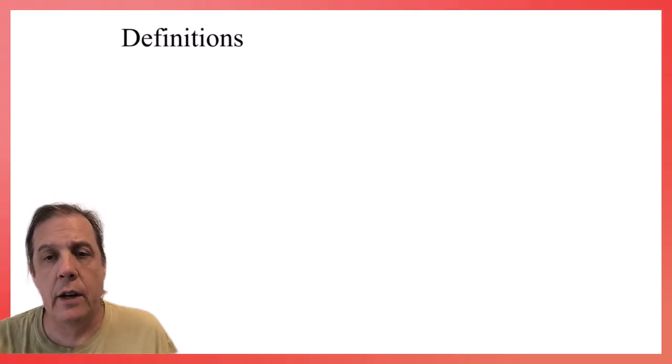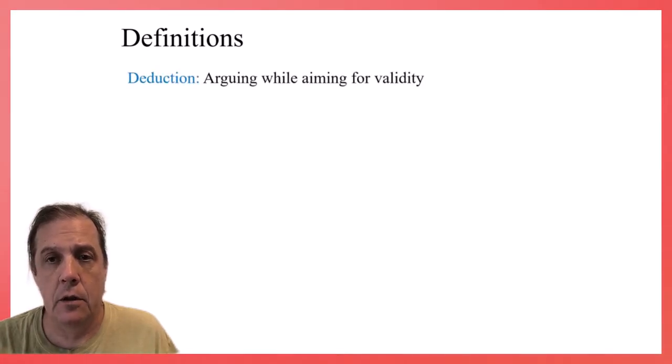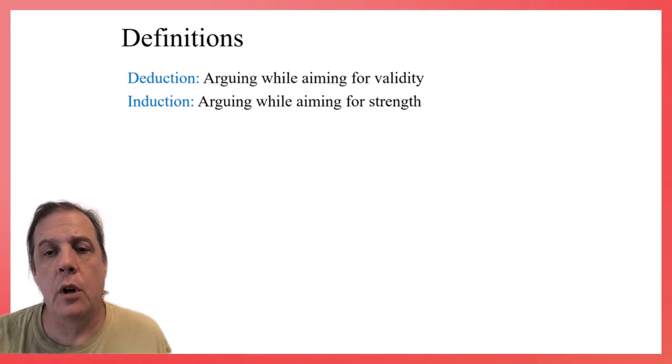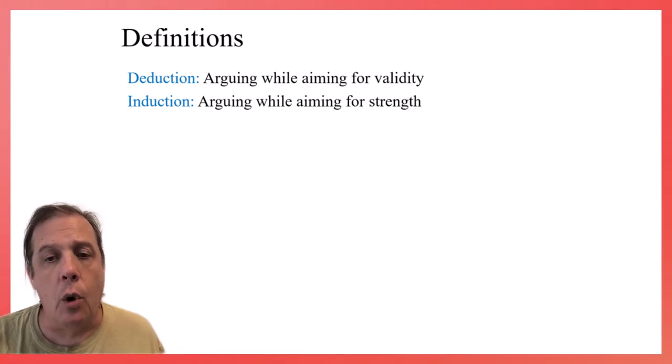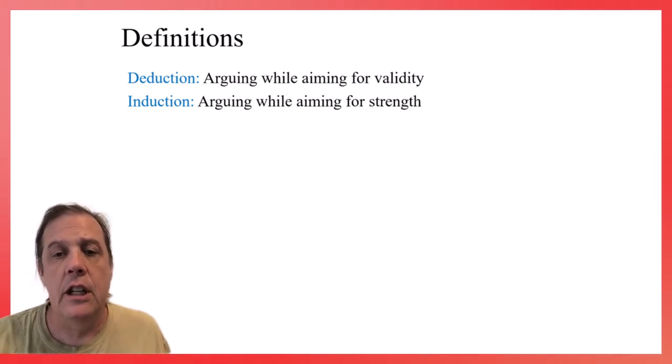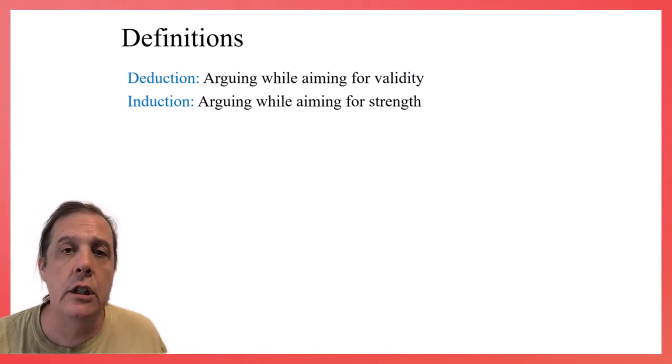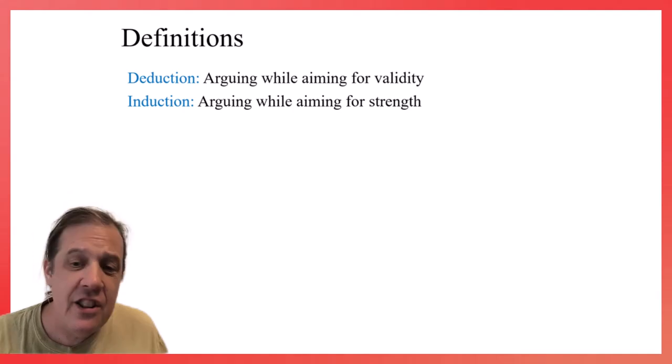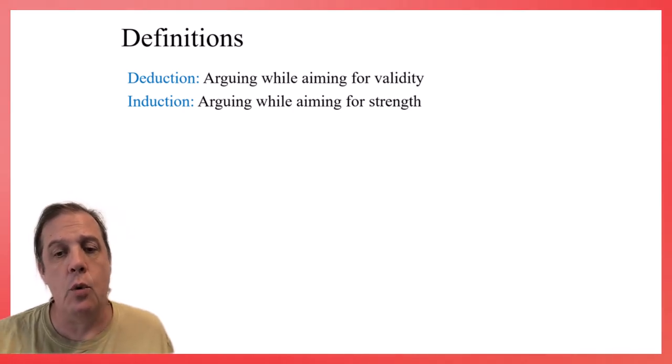So basically, we have two main styles of argument, the deductive and the inductive. If you are using deductive reasoning, you are trying to have perfect inferences. Your goal is validity. If you are using inductive reasoning, you are trying to have good enough inferences. And this is mostly how we operate in the real world.